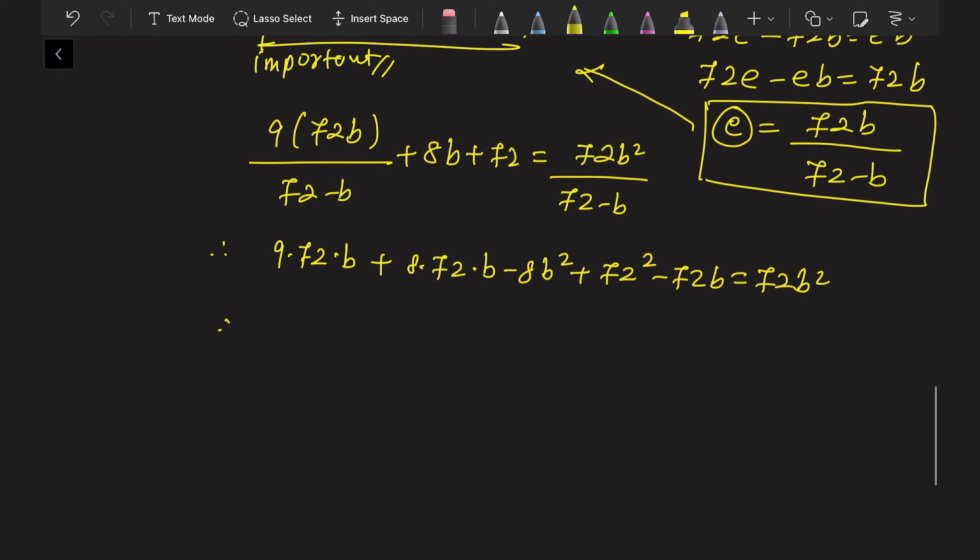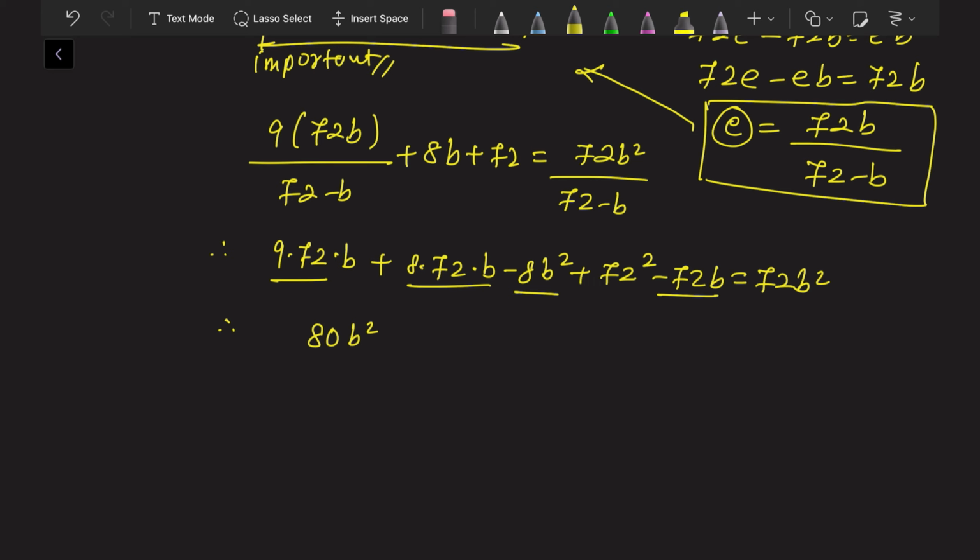Now we can see we are dealing with a quadratic equation. Let us rearrange, shifting all these things. So 8b square and 72b square will result in 80b square. Then we have these b terms: 8 into 72 into b minus 72b, so it's basically 7 into 72b, and as we are shifting this, it will become negative 7 into 72 into b. Then we have one more b term: 9 into 72b, 8 into 72b, and negative 72b.